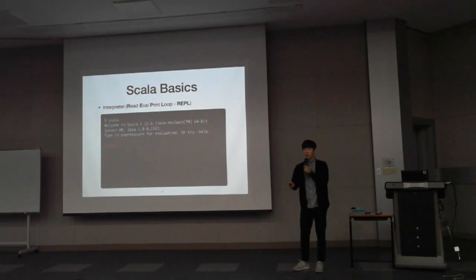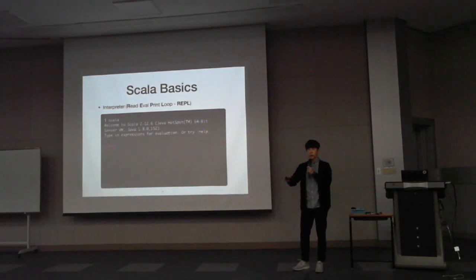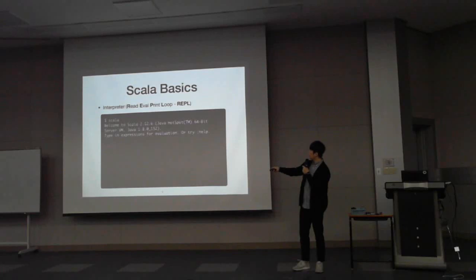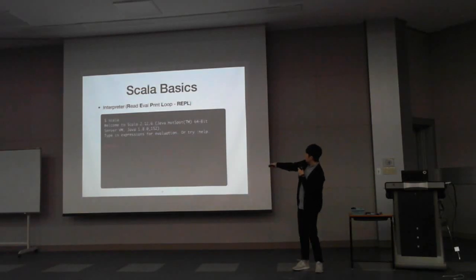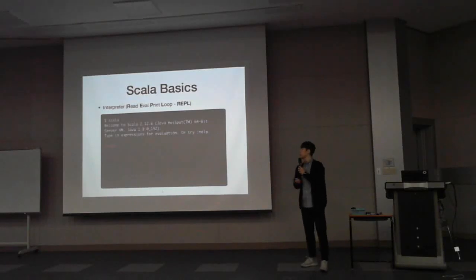The Scala interpreter reads an expression and evaluates it, then prints the result and repeats again and again. If you want to start the Scala interpreter, just type the scala command on the shell, then you can see this display. And from now, I will explain basic language features using this interpreter.